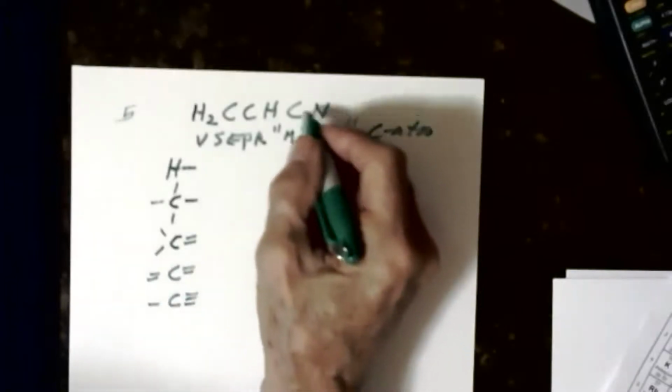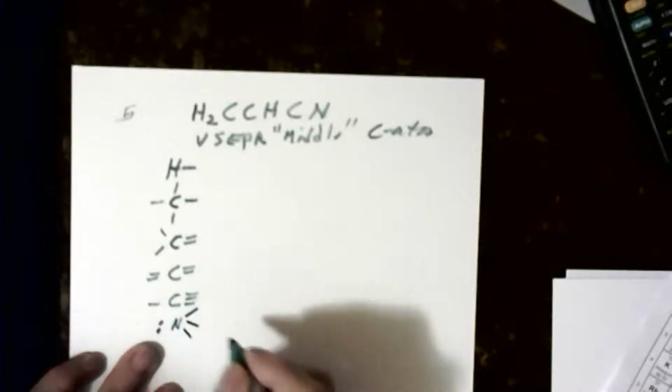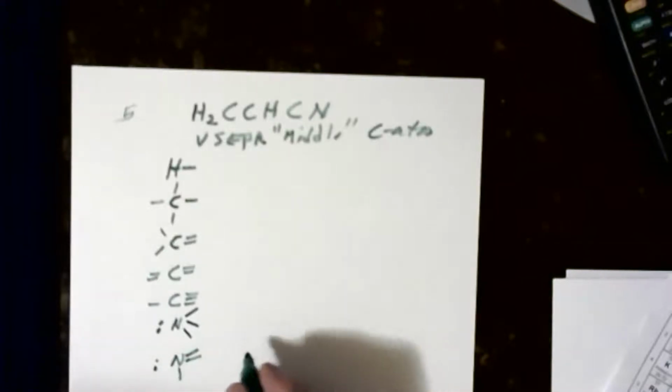And now nitrogen, the only other atom in this bunch, has 1 lone pair always and 3 bonds. So it could be 1 lone pair and 3 single bonds, or 1 lone pair and a double and a single, or 1 lone pair and a triple. So those are the 3 ways nitrogen can bond.